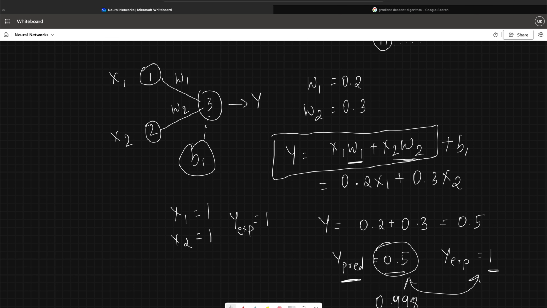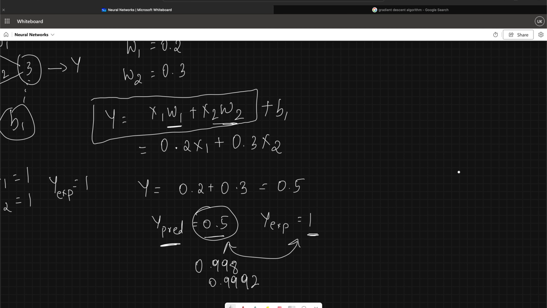So we'll take this example and move ahead with it. Your y value is dependent on, or y is a function of, the w's, correct? So in order to see how w1 is determining y, and at the same time how w2 is also determining y, we can plot a graph and check.